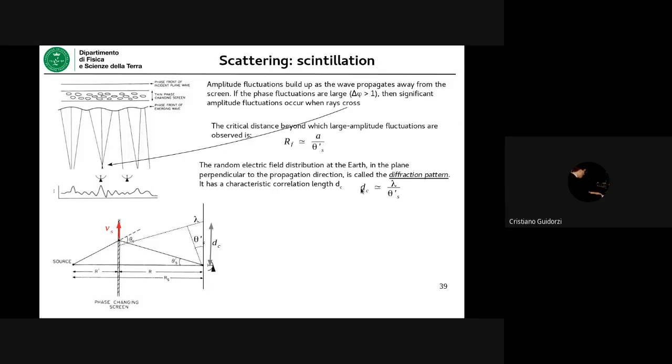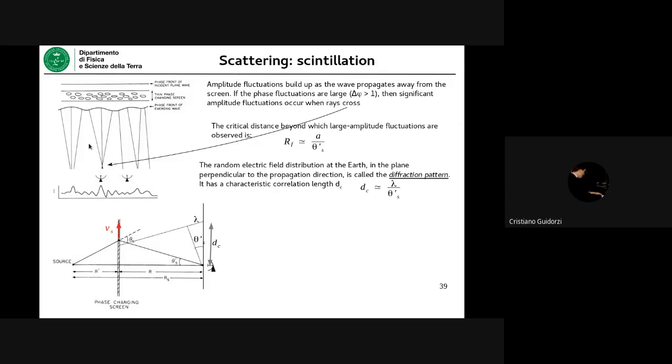And what is that? Well, now the bottom figure helps us to estimate the correlation length. Let's see why. You see that for all these rays, the maximum typical angular tilt between any two rays cannot be larger than theta s prime, from the point of view of the observer.